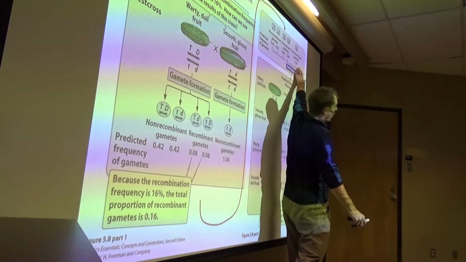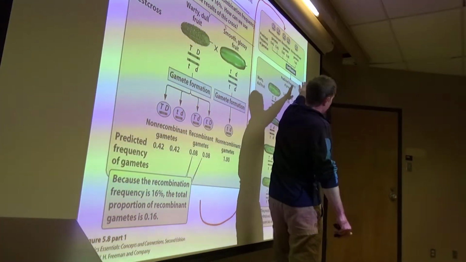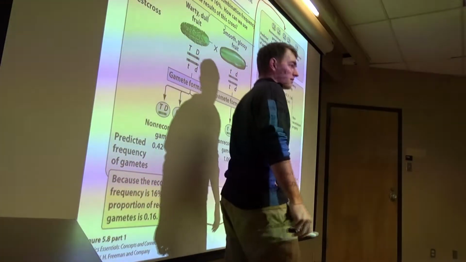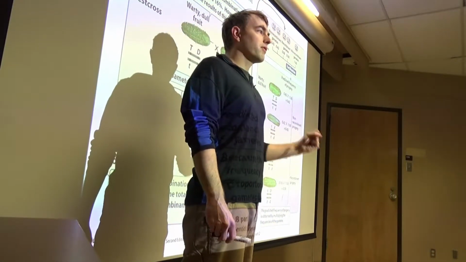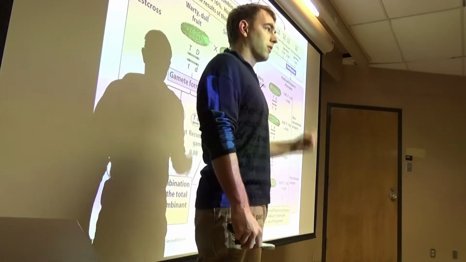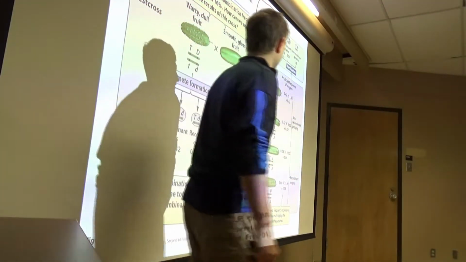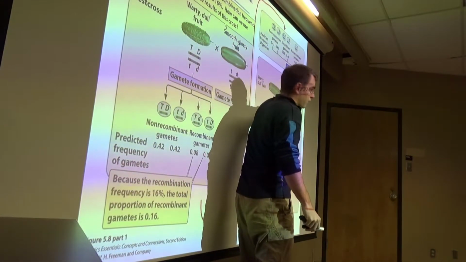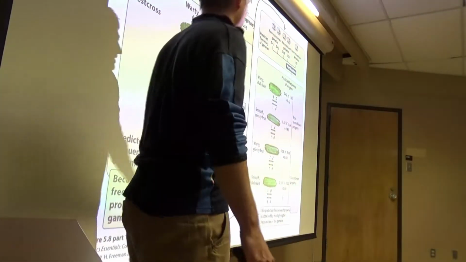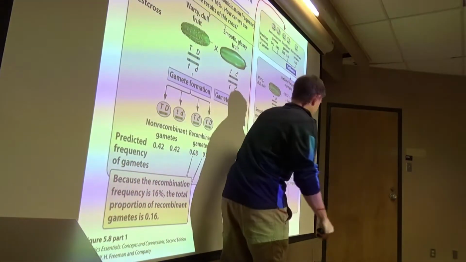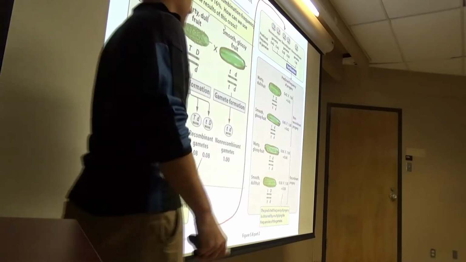From our other parent, 100% of the time, we're going to get that little t, little d allele. What's the frequency that we get both of those gametes? Multiply them together. 0.42 times 1, 42%. So you're going to get this frequency of progeny: 42%, 42%, 8%, and 8% for each of the recombinant gametes.